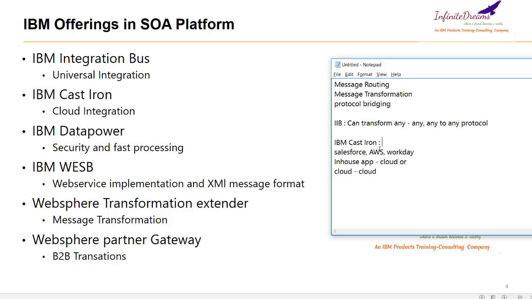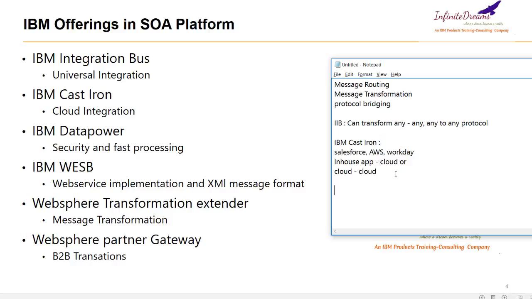That is another reason many companies go to IBM Cast Iron. But if they have a lot of integrations and a lot of applications using different message formats, then it is advisable to use IIB.